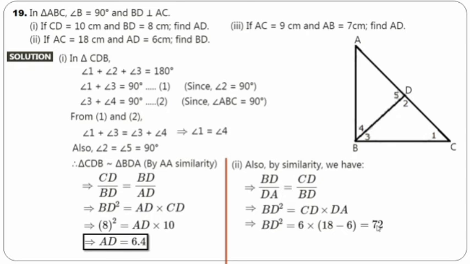Do the multiplication, you get 72. So BD square turns out to be 72, so BD will be square root of 72. We don't know the square root of 72, isn't it? But when you use your log table and find the value of square root of 72, your answer will be 8.5. So we got our value for BD to be 8.5 centimeter.